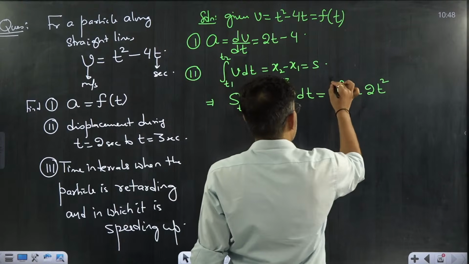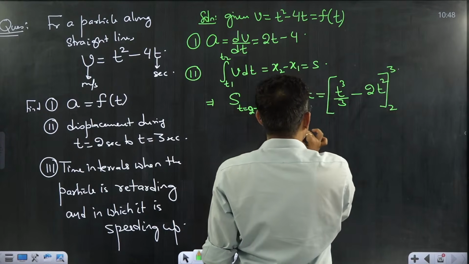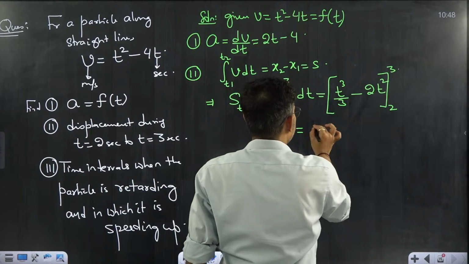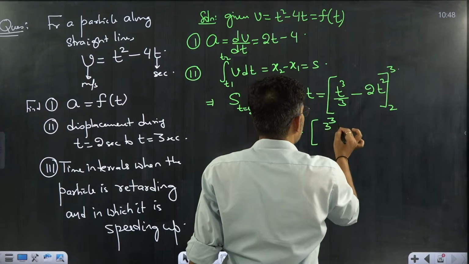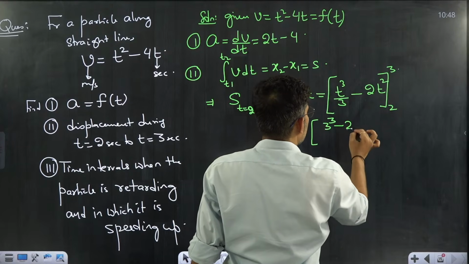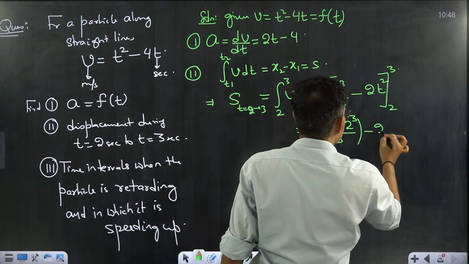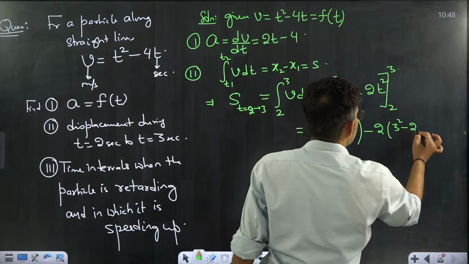Now you will say, sir, the limit is also given and you have to put the limit. Yes, yesterday we discussed definite integration, how to put the limits. First I will put t as 3. So 3 cube by 3 minus 2 cube by 3. Then in the second term, t square, I will put 3 square and 2 square.